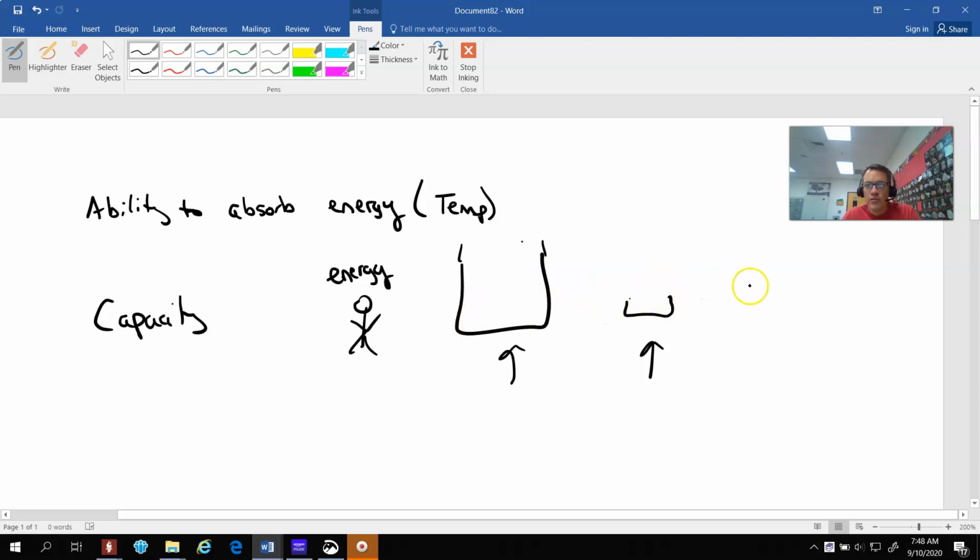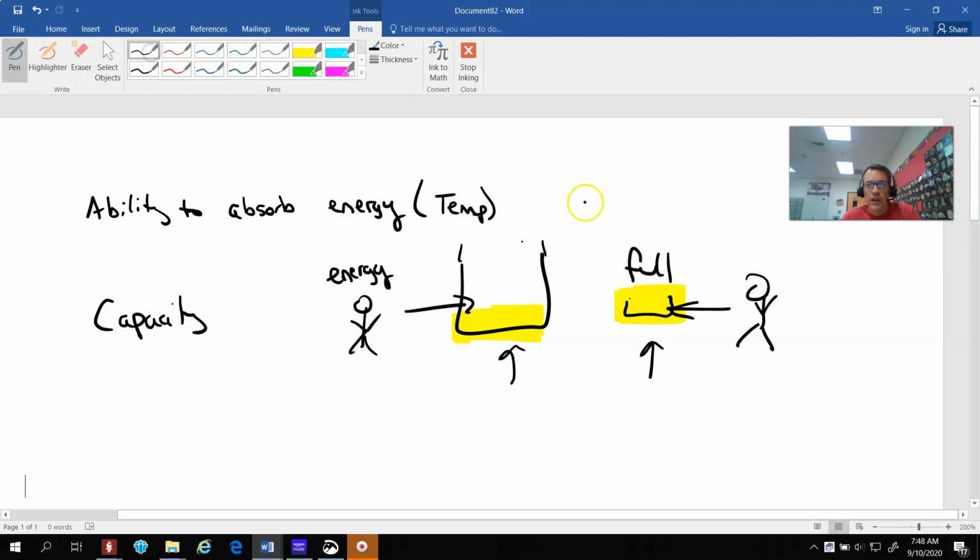If individuals go into each of these buildings at the same rate, the one with the really small capacity, this guy over here, is going to get full much more quickly than the larger one, because the larger one is able to hold more.